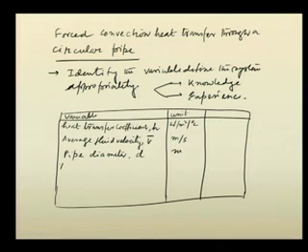Thermal conductivity, fluid property and fluid heat transfer property. Thermal conductivity K, and this is watt per meter per degree centigrade.